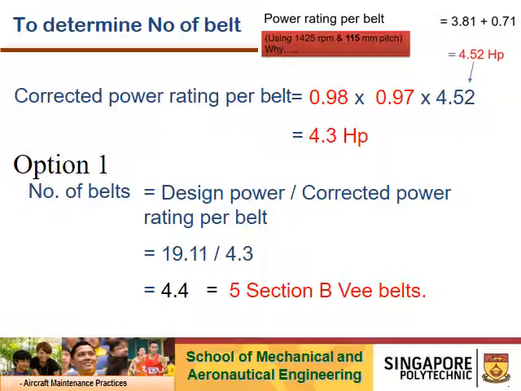So option 1 is what we'll be using. Unless the diameter is exactly the same, we will use the lower data to give you a lower horsepower rating per belt. That will give you a better safety margin when you calculate the number of belts. So always go for the safe side.